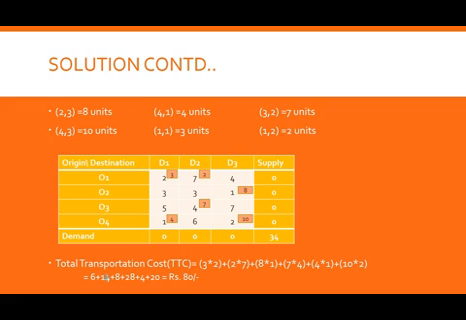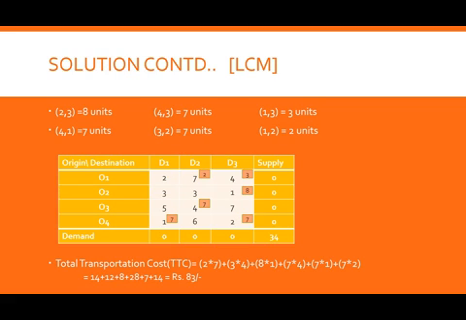So it is 6 plus 14 plus 8 plus 28 plus 4 plus 20. 6 plus 14, 20. 20 plus 8, 28. 28 plus 28, 56. 56 plus 4, 60. 60 plus 20, 80.